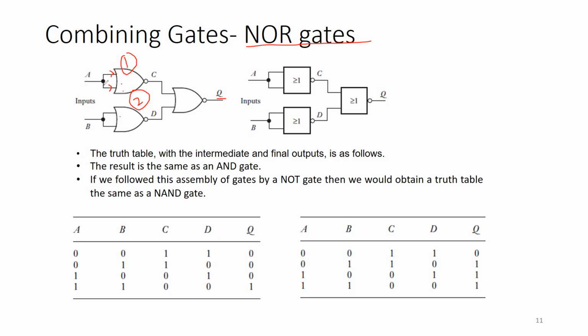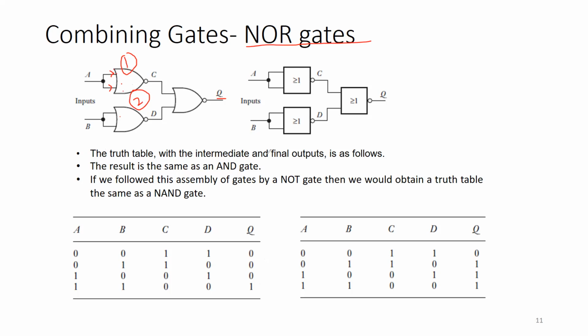But these two inputs have been short-circuited in this particular example. So this is another combination which is possible. You get an output over here, a different output having a different truth table. You can see the truth table with the intermediate and final output as follows.